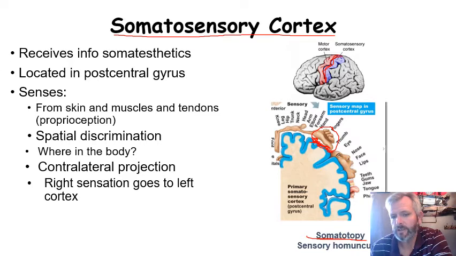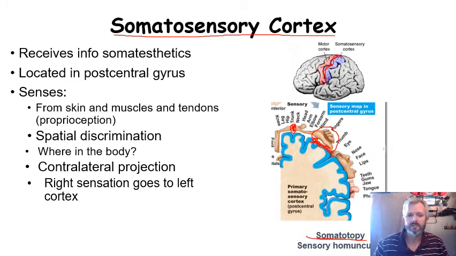Your trunk is a very large part of your body, but look at how much region is devoted to your trunk. Your hands are very small compared to your trunk, but in the somatosensory cortex there is a much greater region devoted to the hands.